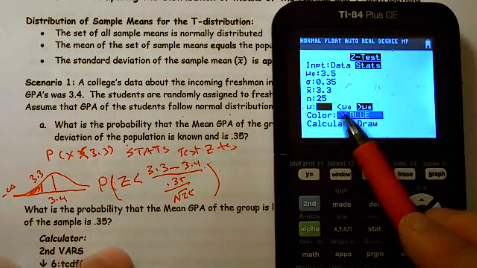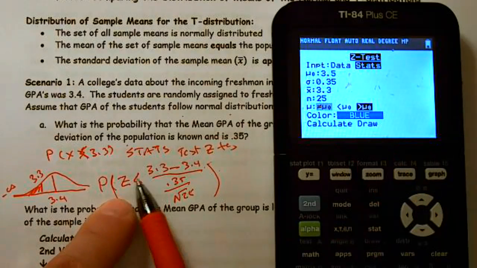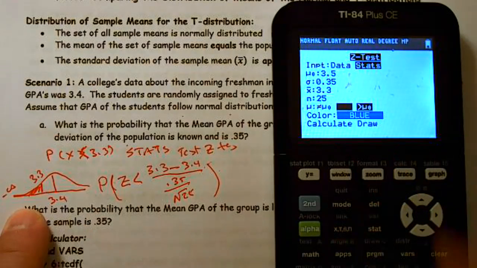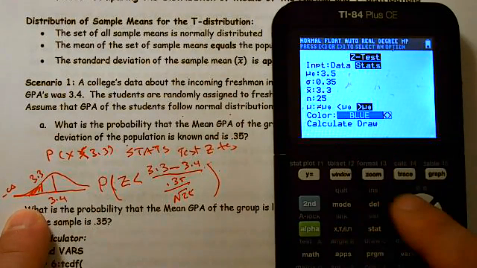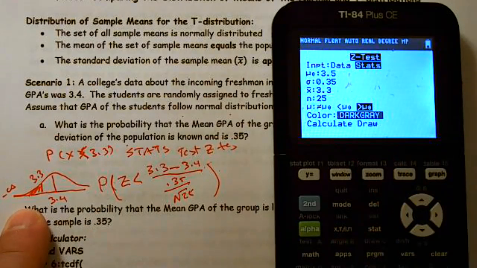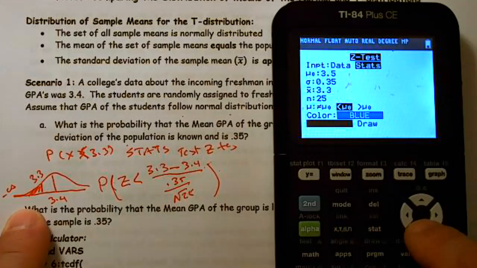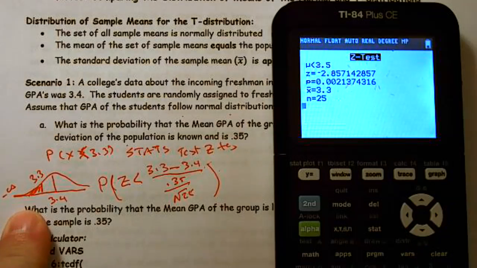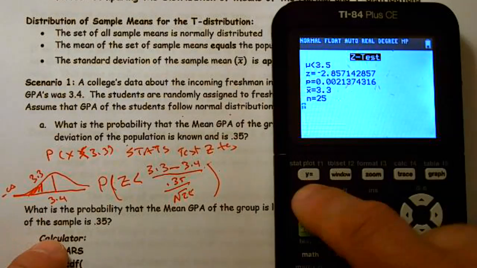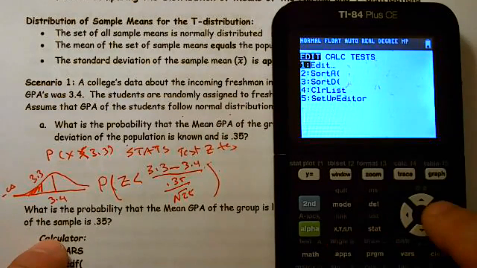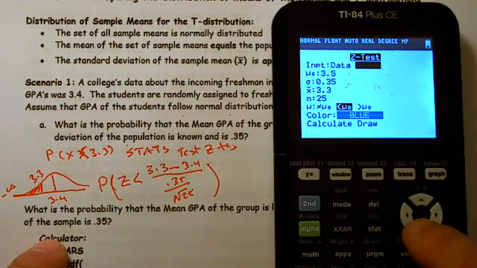Now, the way that they set this up on the calculator is confusing, so look at the way you shaded. We shaded to the left, so I need the less than inequality. So the probability, and I need to go back and check my answer real quickly, just to make sure that I have this right. Second bar, stat, test, z-test, mean of 3.4.